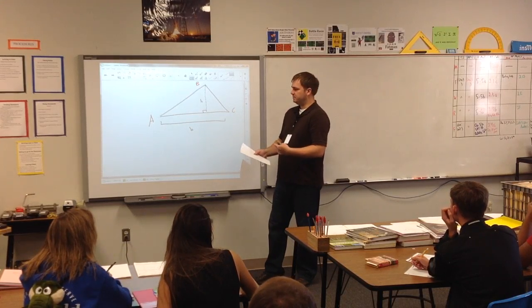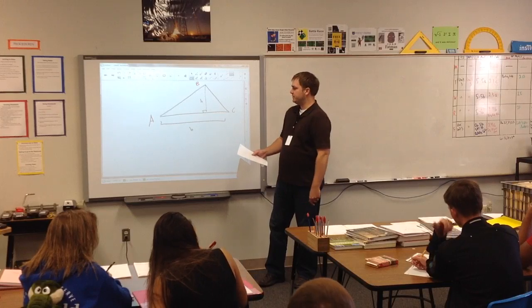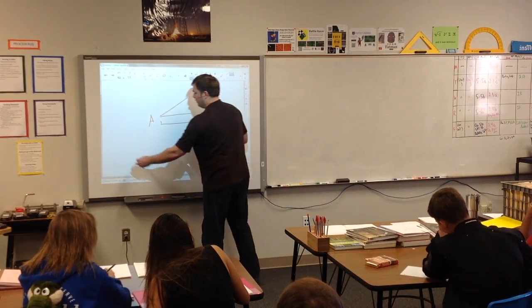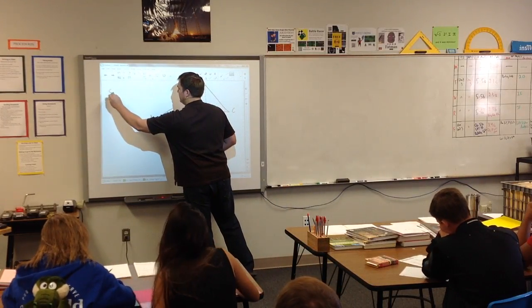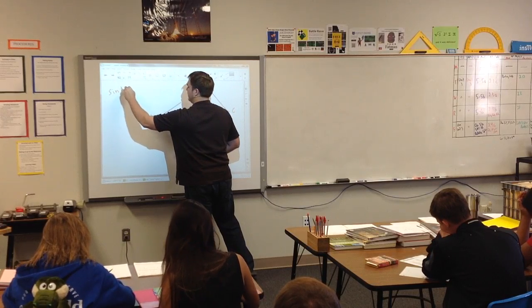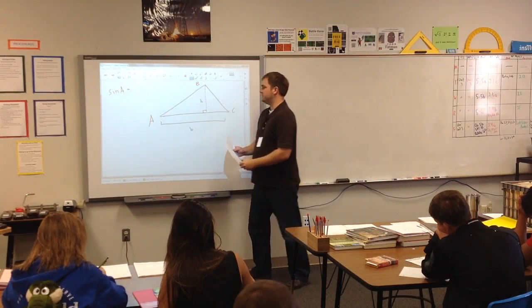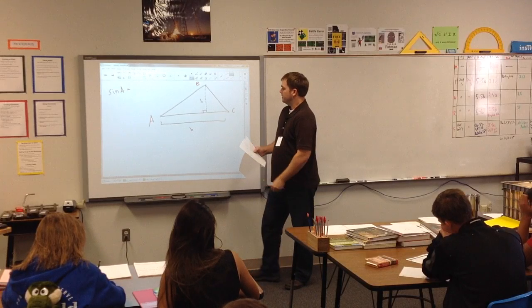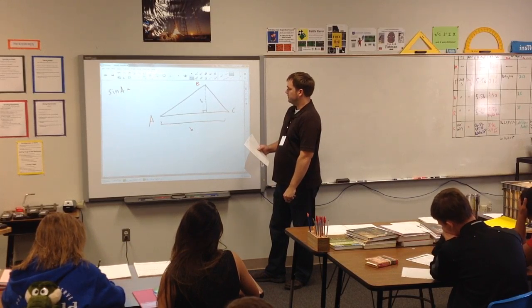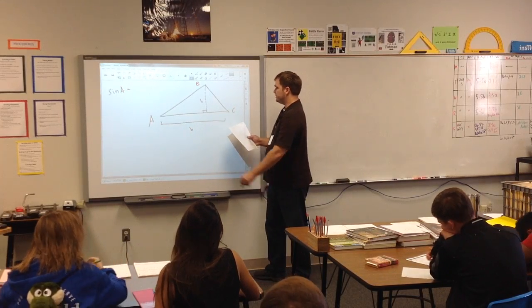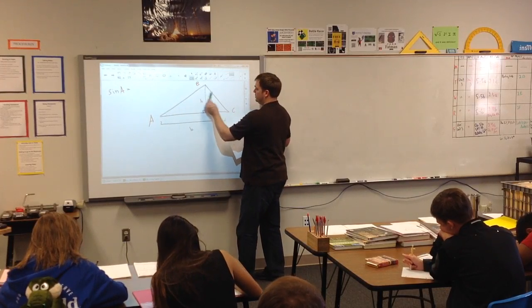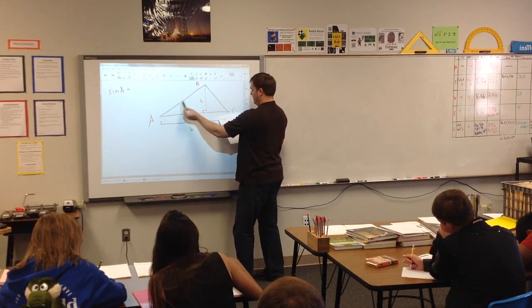And so there's some equations we can write down. One of those, we can talk about the sine. The sine of angle A is, well, let me see here, we need to write a couple things down. Let's do some other labeling just real quick before I forget.